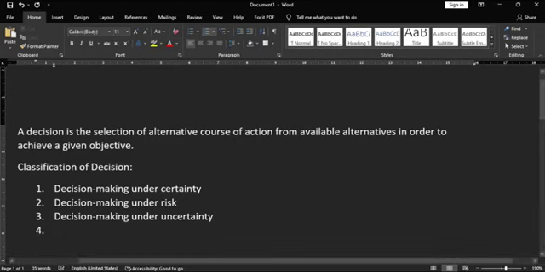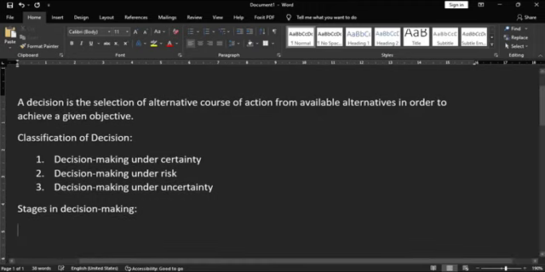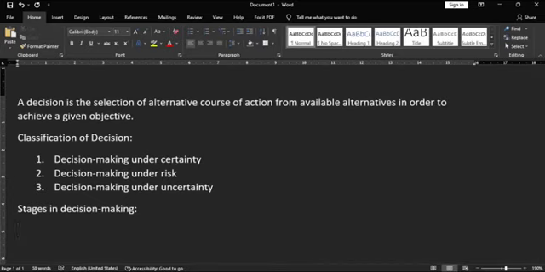With that, let's move to the stages in decision making. Every decision making process has some basic elements. In order to be effective, the basic elements include the following. 1. The formulation of goals. 2.